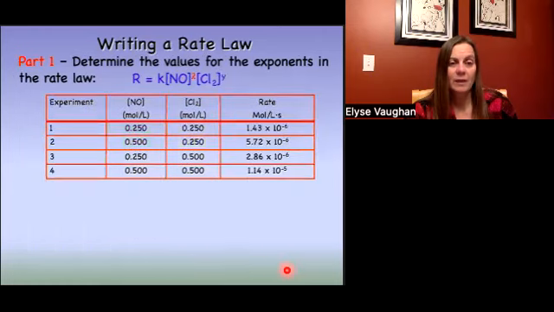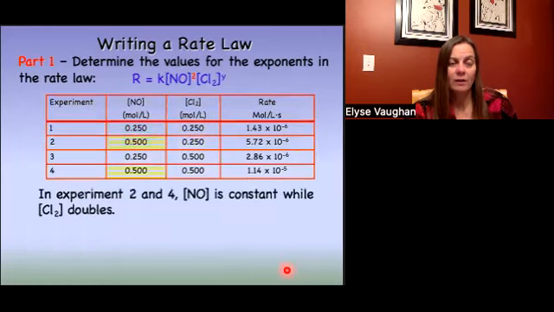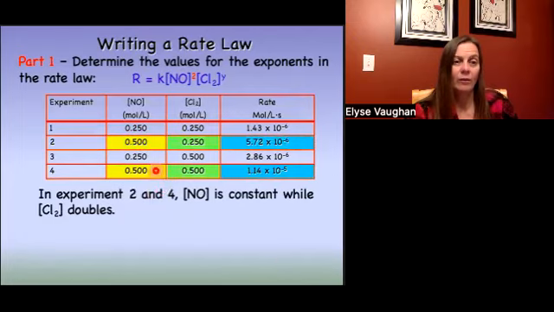Now we want to repeat the process to figure out the order with respect to chlorine. So now we're looking for the trials where the nitrogen monoxide concentration is constant, so 0.5 and 0.5, and the chlorine concentration is changing. So we've gone from 0.25 to 0.5, so this has doubled.